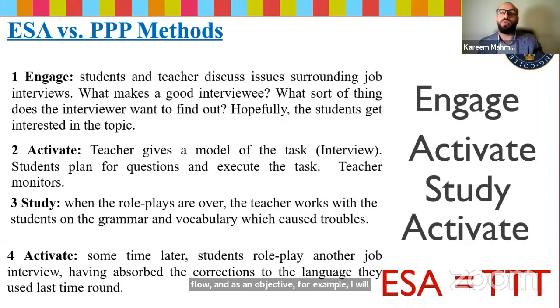For example, I will start to ask them, and they will start to ask each other questions. So what kind of questions do you expect to have in such an interview? Perhaps the salary, perhaps the qualification, and so on. Okay, guys. So, you two, can you work together and try to ask.